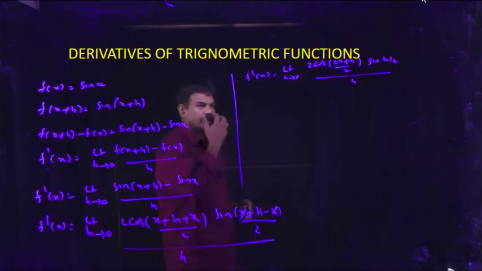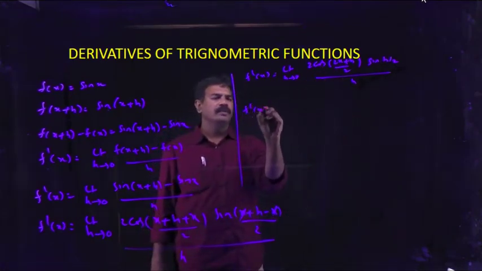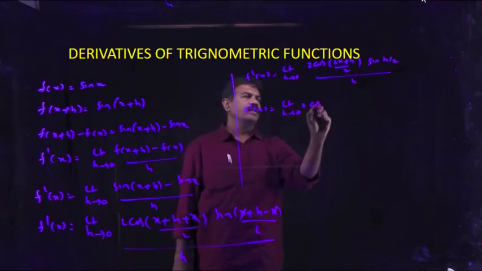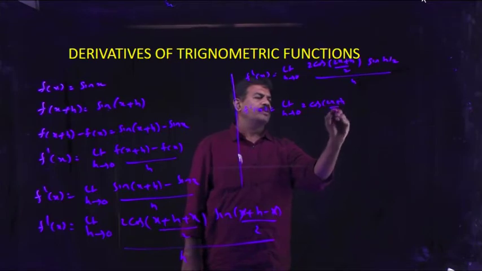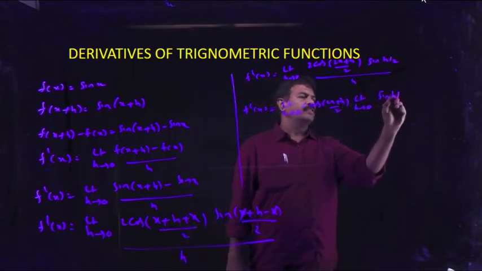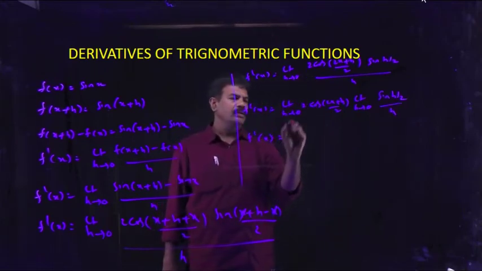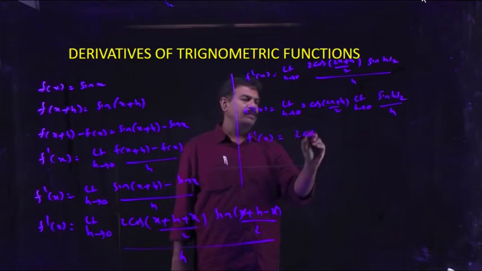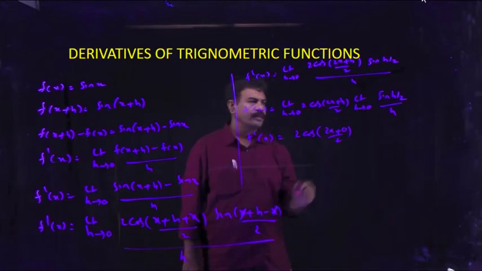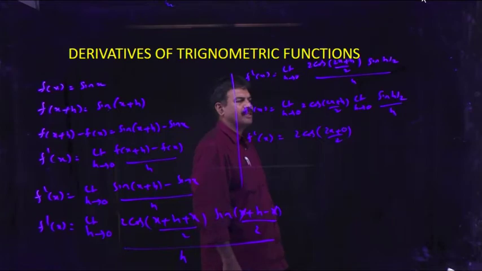Now we write the limits for two functions. That is f dash x is equal to limit h tends to 0, 2 into cos of 2x plus h by 2 into limit h tends to 0 sin of h by 2 by h. So we apply the limit here: 2 into cos of 2x plus 0 by 2 into, we know the formula in limits, limit x tends to 0 sin ax by x means a.